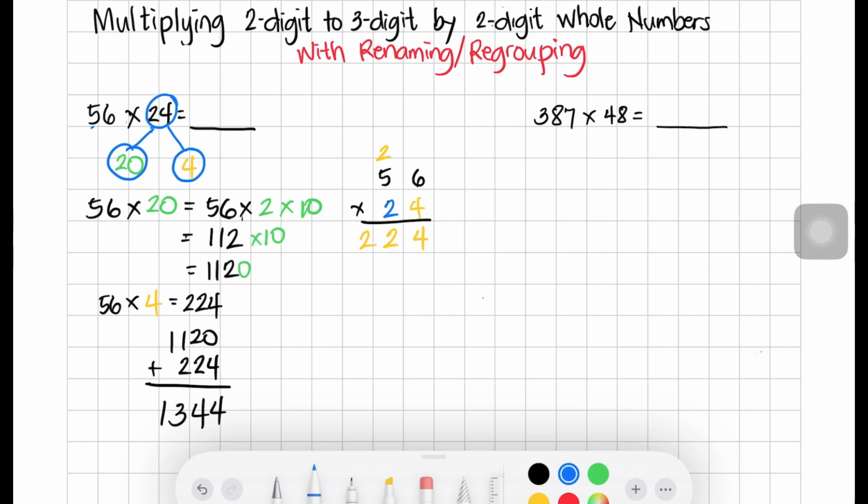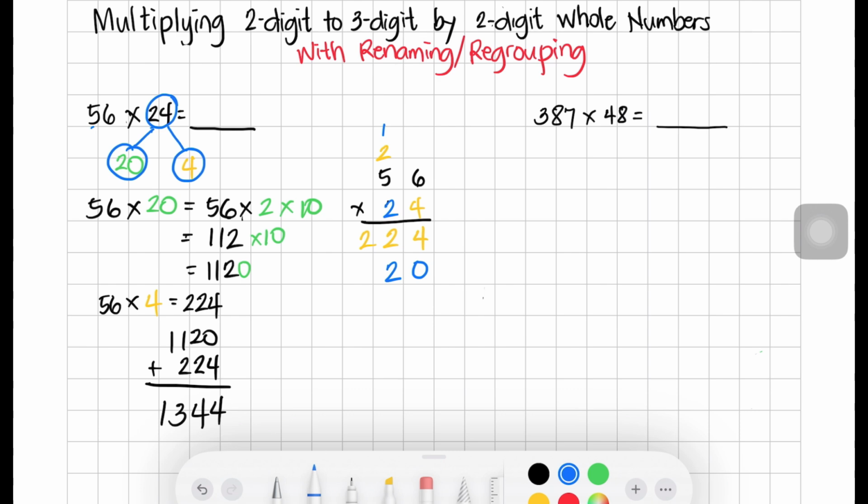Okay. Now we move to the tens. So here we are multiplying with 20, not just 2. So 6 times 20 is 120. So I will be putting 0 and then 2 here, and then the 1 over there.